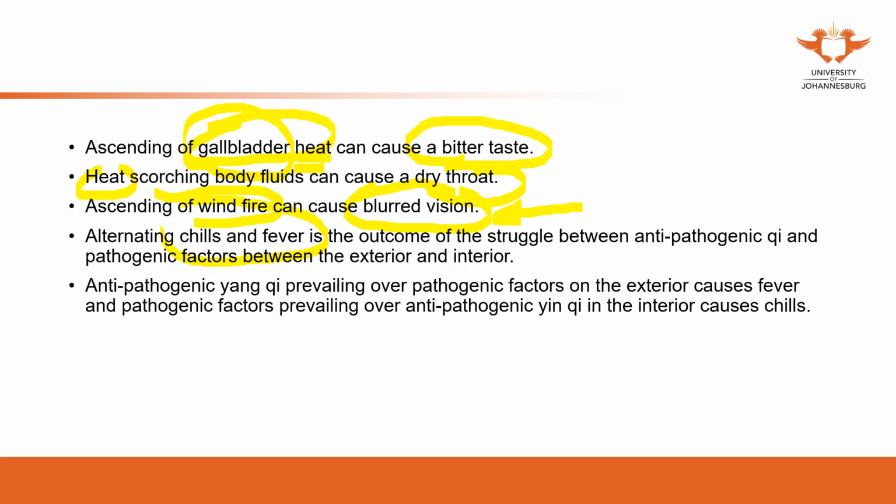Alternating chills and fever. As you can see here, some of the manifestations you also can analyze from the Zangfu organs. The Shaoyang meridian is the gallbladder meridian. The gallbladder and the liver are related. So these differentiation methods are not completely separate.